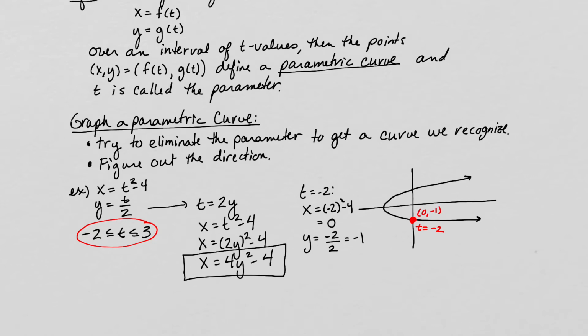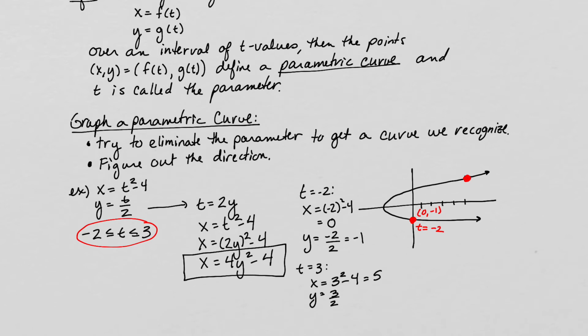And then I'm going to do the same thing with where I'm ending. So when I'm ending, t is equal to 3. So x is going to be equal to 3 squared minus 4. So 9 minus 4, which is 5. And y is going to be equal to 3 over 2. Right? So 1.5. So 1, 2, 3, 4, 5. So we're talking about this point here, and theoretically the original curve keeps going.